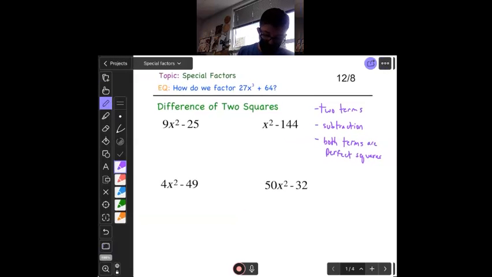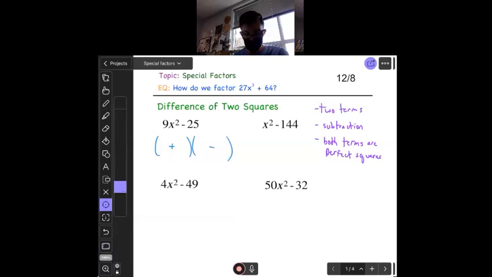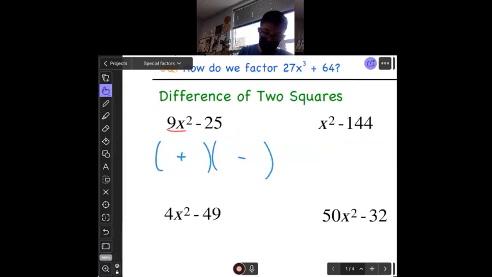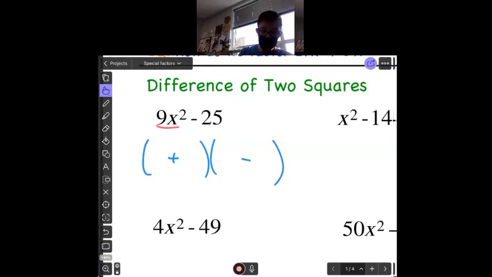All right, think about what factoring looks like when we're done. It's two sets of parentheses. Again, this is just a shortcut on the AC method. Two sets of parentheses. There's always a plus and a minus, because that's the only way to get a negative here. You have a positive times a negative. And then after that, all I have to do is say, what multiplies to be 9x squared? All right, what times itself is 9x squared?